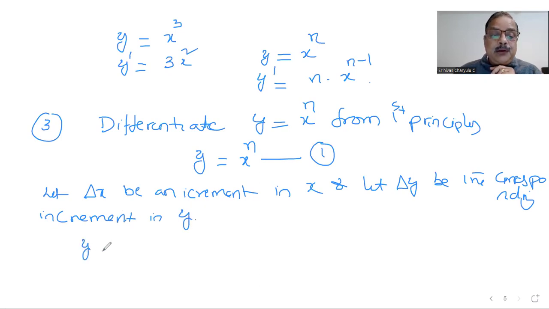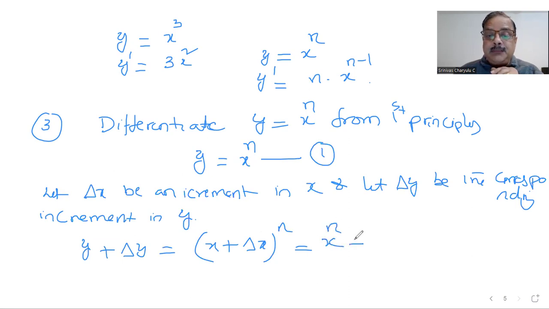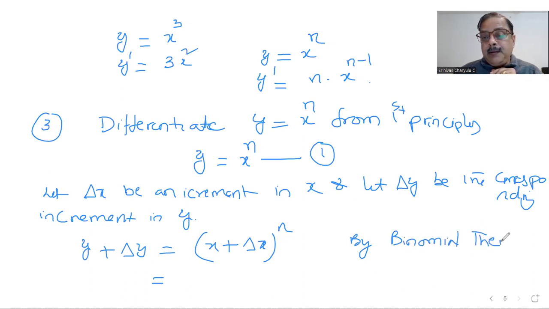So therefore, y plus delta y is equal to x plus delta x whole to the power of n. So by binomial theorem, you have to apply here. It will become x to the power of n. I'll write that binomial here for you. So by binomial theorem, I will put three terms here for you.